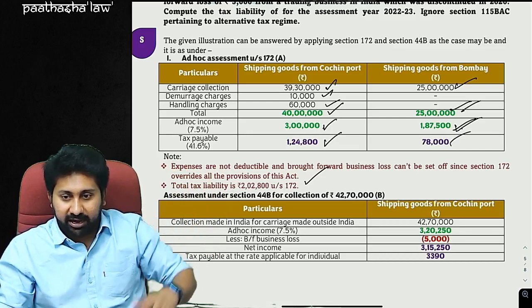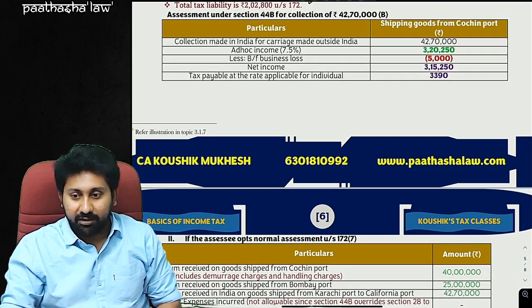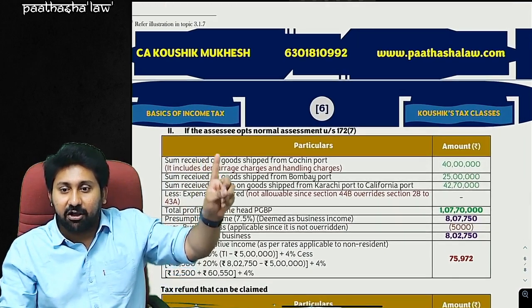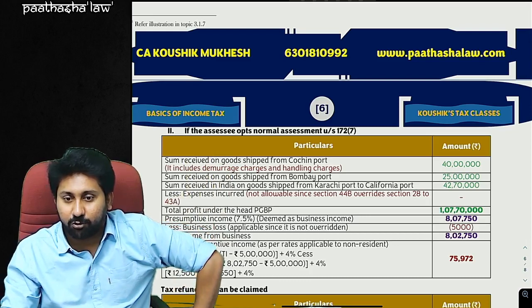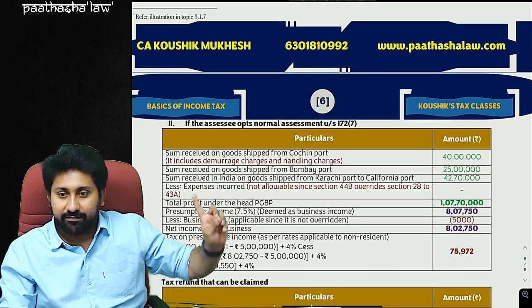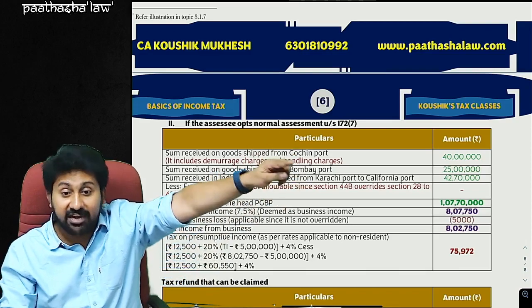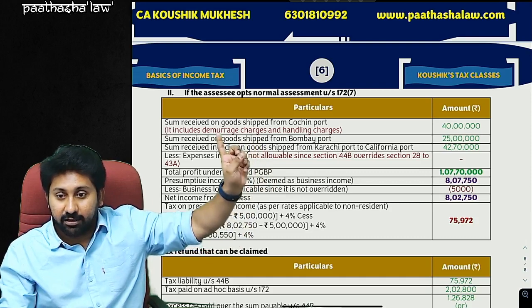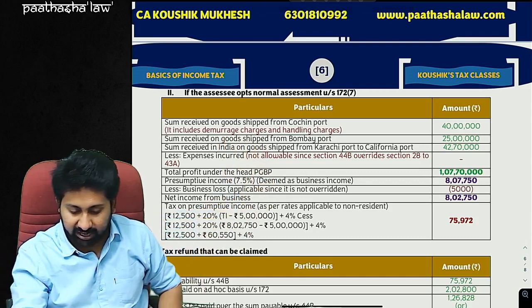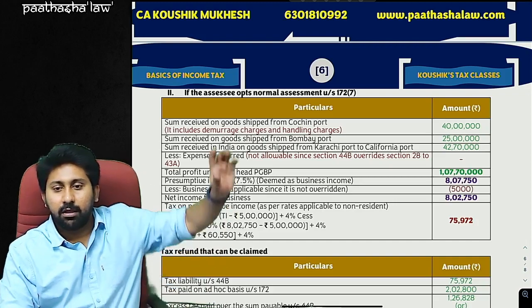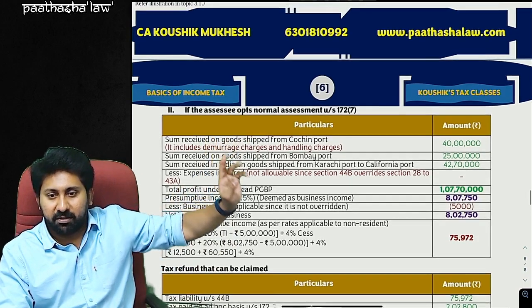Now year completed, assessment year came. Now I will make a reassessment of this. Sum received on the goods shipped from Cochin port 40 lakh, Bombay port 25 lakh, Karachi to California collected in India 42,70,000. Less expenses are not allowable. So assessment will be made.